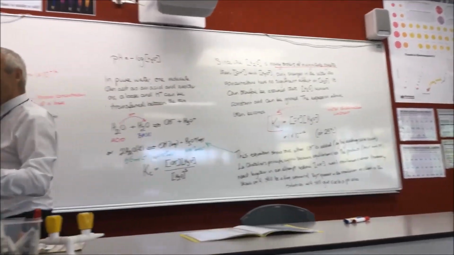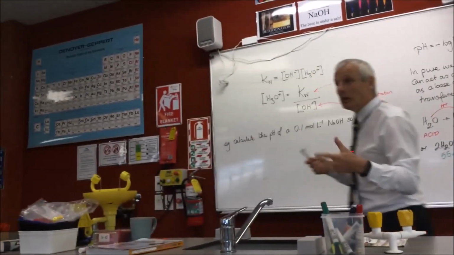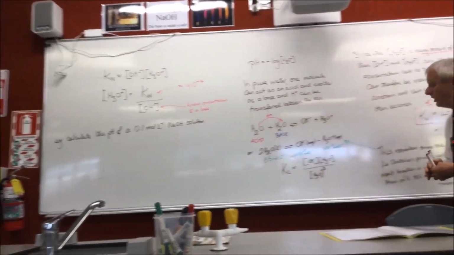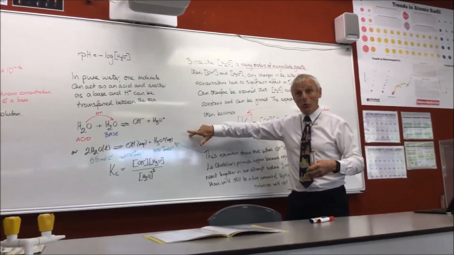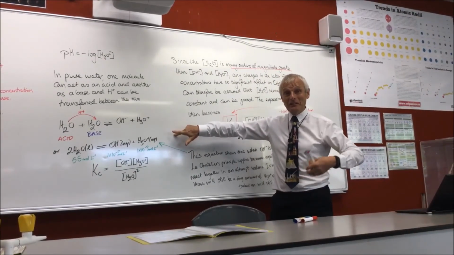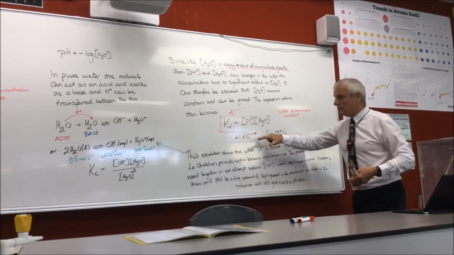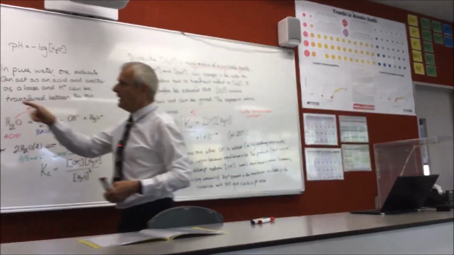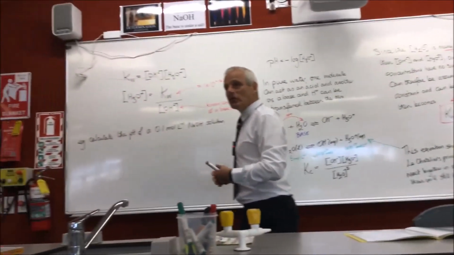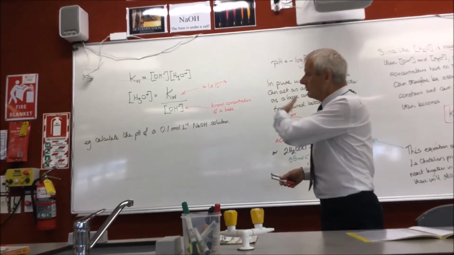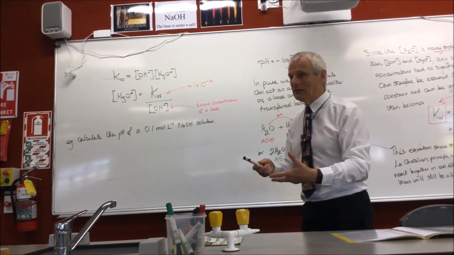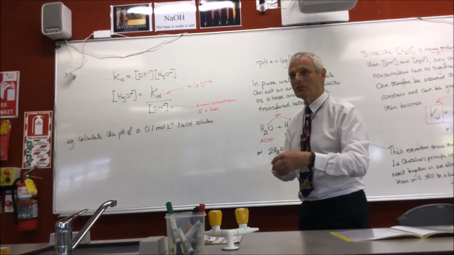Because it's all about OH minus and not about H3O plus. We need that concentration of H3O plus, which this tells us is always going to be there, but in tiny, tiny amounts. We know what the value of Kw is, so we can now calculate it. And it's given by this very simple expression. So I've tried to make this a really, really easy calculation, and then we'll start mixing it around a bit.